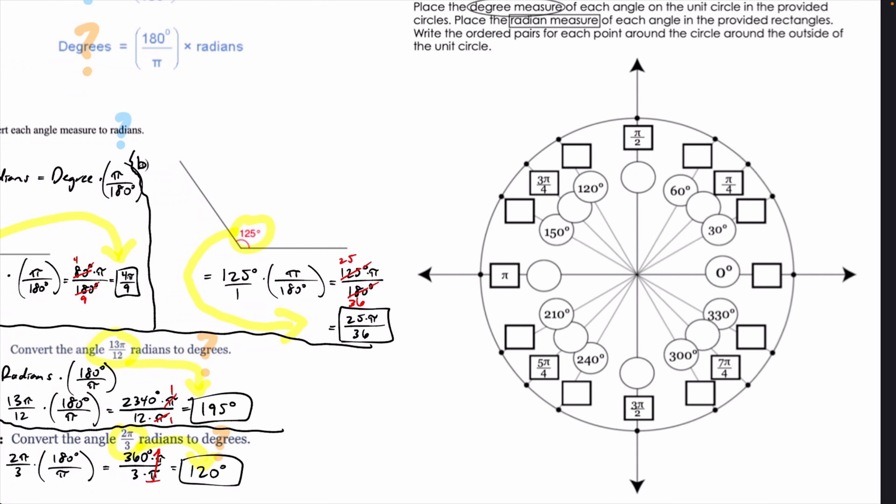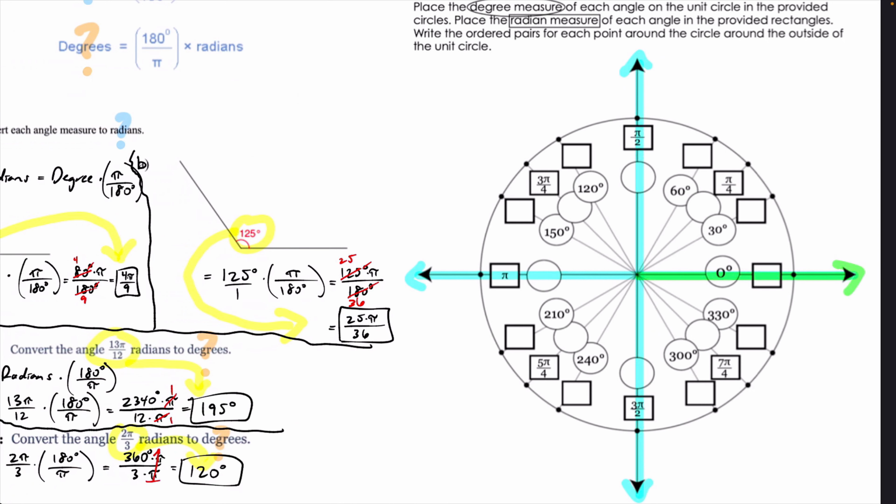Okay, so first thing, where do we start on the unit circle? You always start at 0. You always start at 0. Make sense? And then you have, here's your y-axis. Here's your x-axis. Okay?